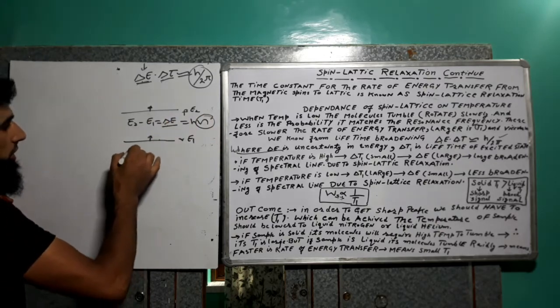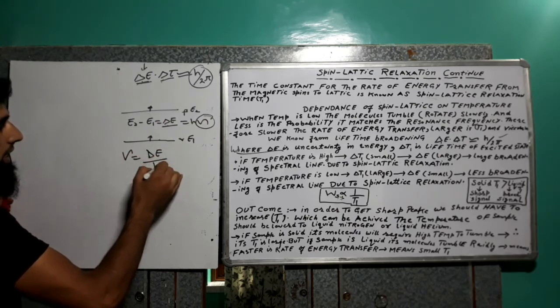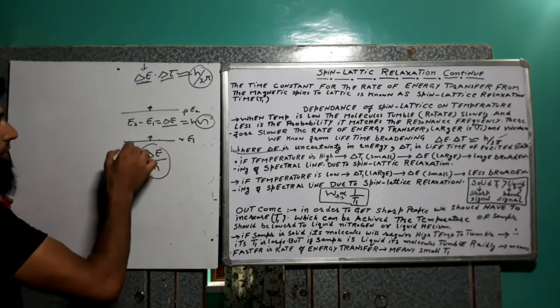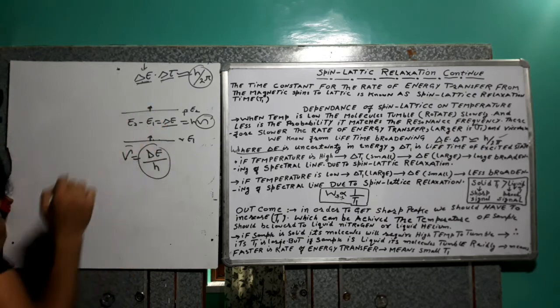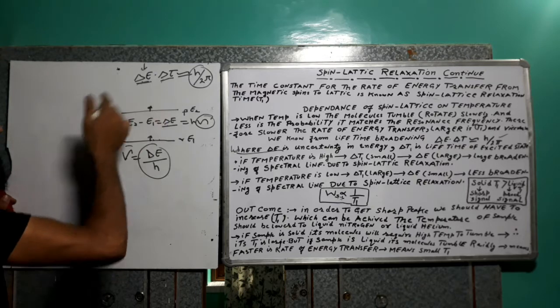That means ν is equal to ΔE divided by h. When we shine that frequency on our sample, there is a transition from this state to this state.